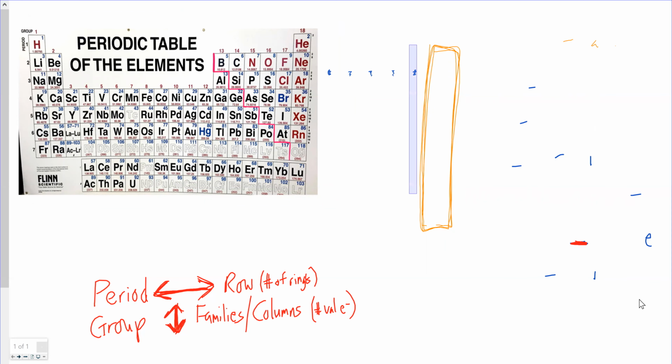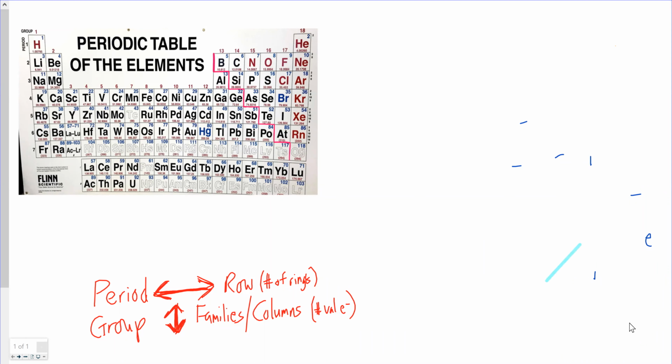All right, so the name of the first trend I want to talk about is electronegativity. And I'm going to get you to try to guess the trend first, because I think you can based off of what we just learned. So the name of this one is, again, electronegativity. E-L-E-C-T-R-O, negativity.